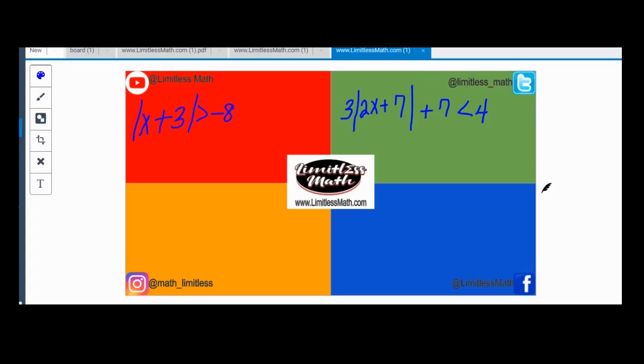So in other words, absolute value always gives you positive. And since it's always positive, it's always going to be greater than a negative number. So when you see this situation, greater than negative, it's always going to be all real numbers.